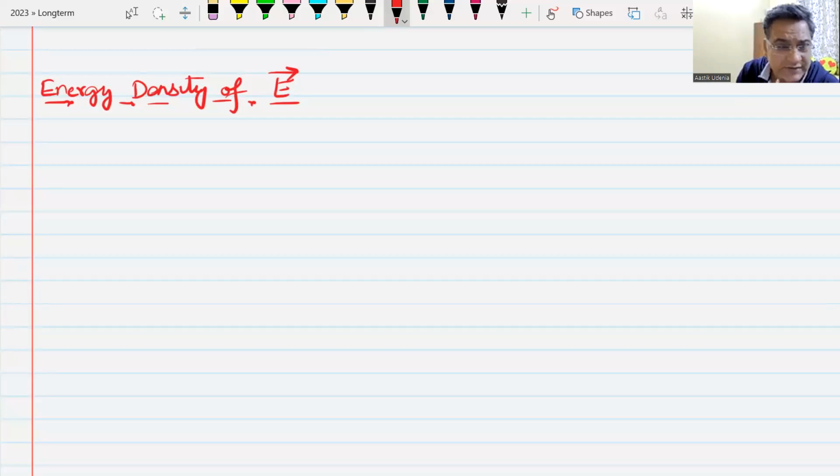We move on to the next thing, and that is known as energy density of the electric field. What do you mean by energy density of electric field? Now remember, wherever we have electric field, or gravitational field, or magnetic field, energy is stored in that space.